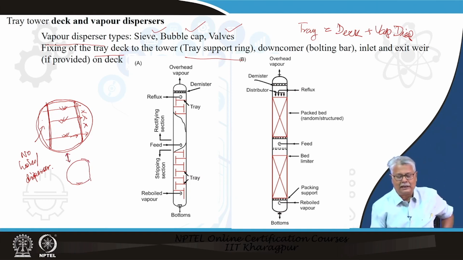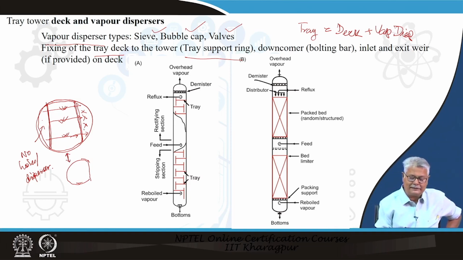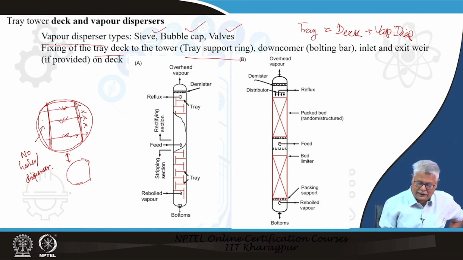Now, what I do is I would like to fix this onto my tower. How can I do it? If I look at the tower section itself, and if I weld a ring here, and on that I place my tray, that the ring is all through, and I bolt it here.